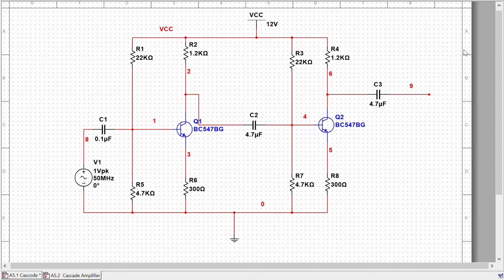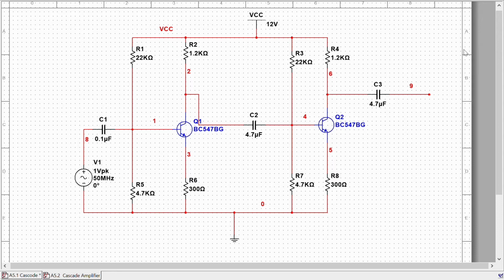On the Q2 side, the collector of Q2 is connected with R4, which is 1.2 kilo ohm, and in parallel with R3, which is 22 kilo ohm. The emitter of Q1 is connected with R6, which is 300 ohm, and in parallel with that we have R5, which is 4.7 kilo ohm.